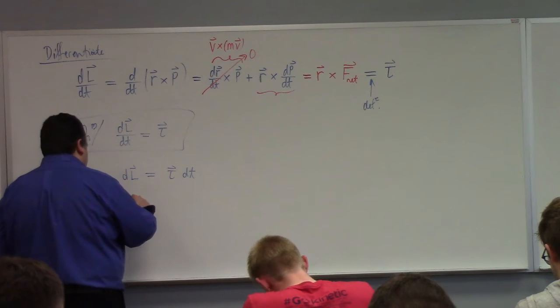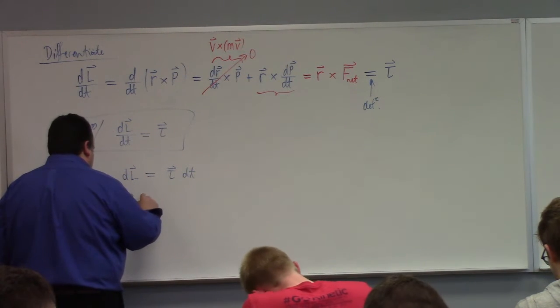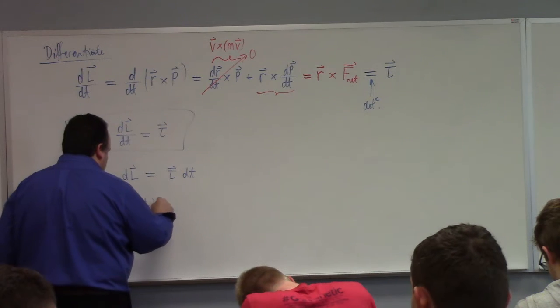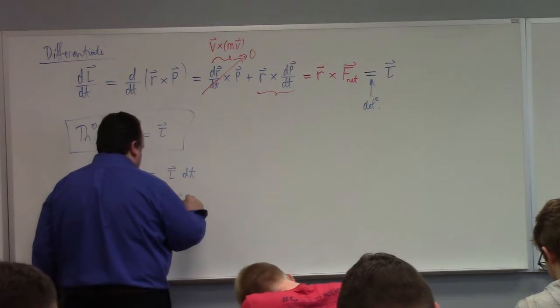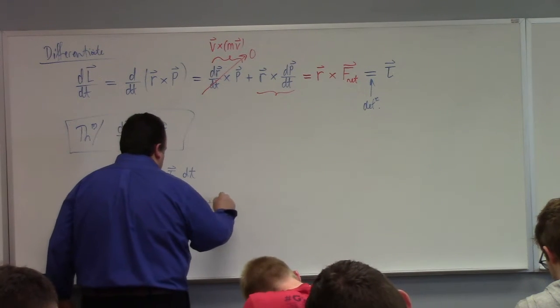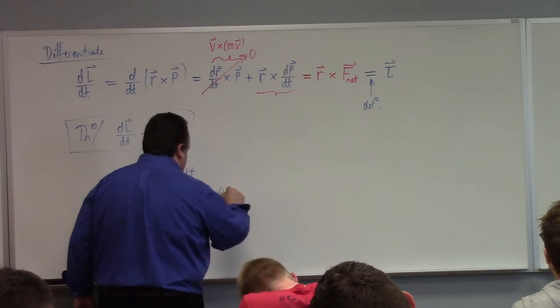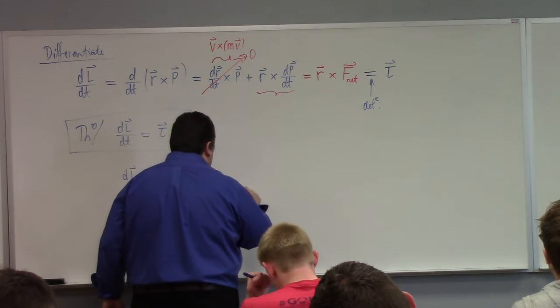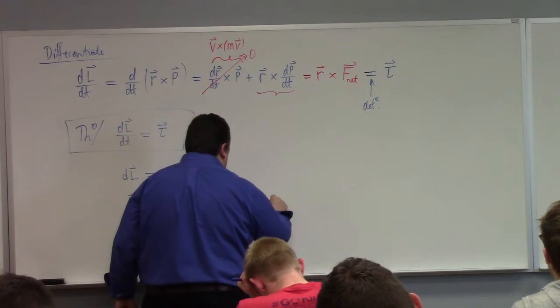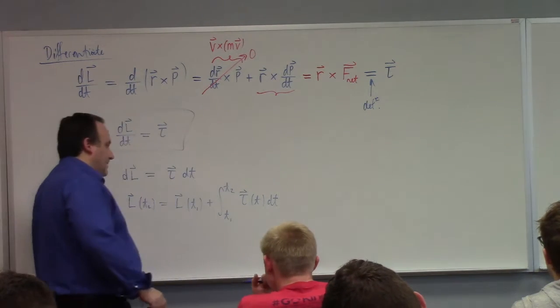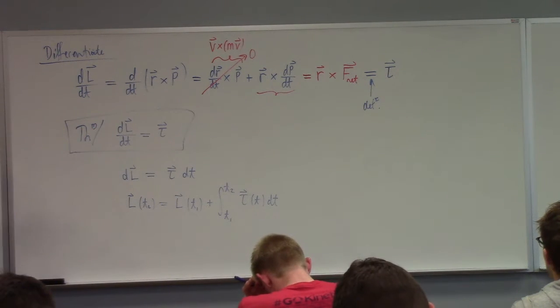In other words, L at time t2 is equal to L at time t1 plus the integral from t1 to t2 of the torque at time t, dt. Because we can integrate.